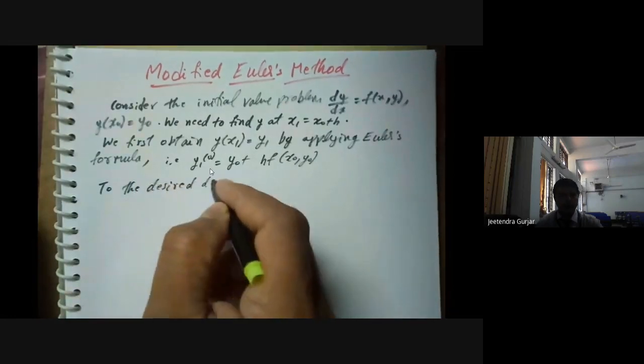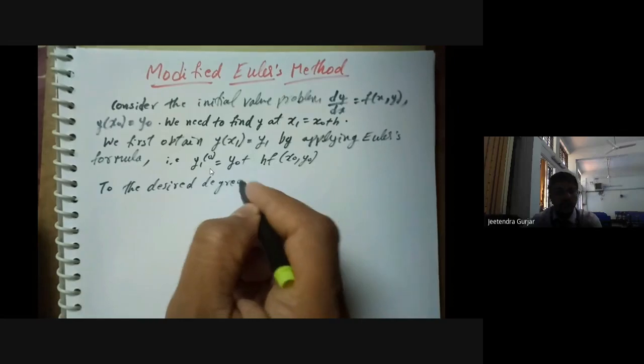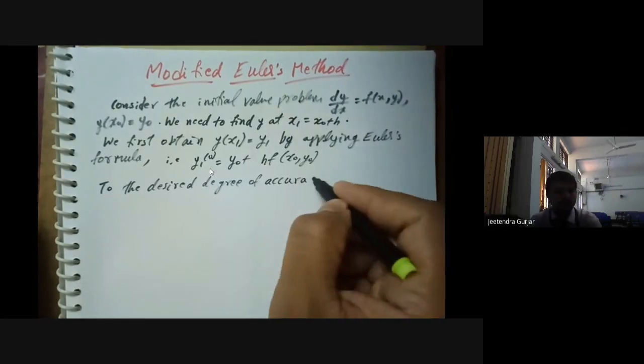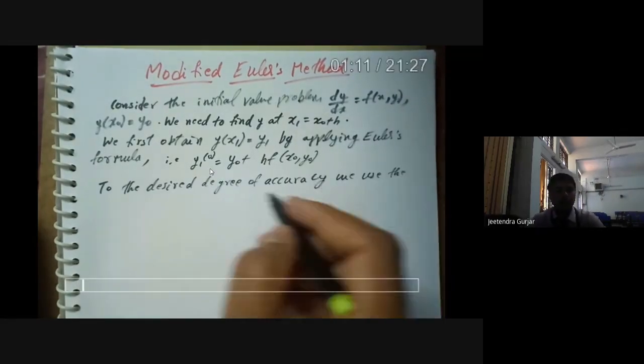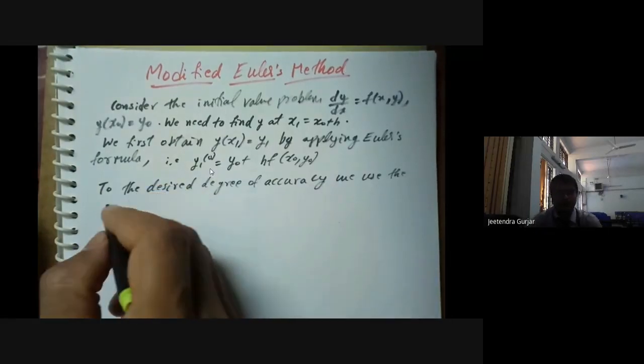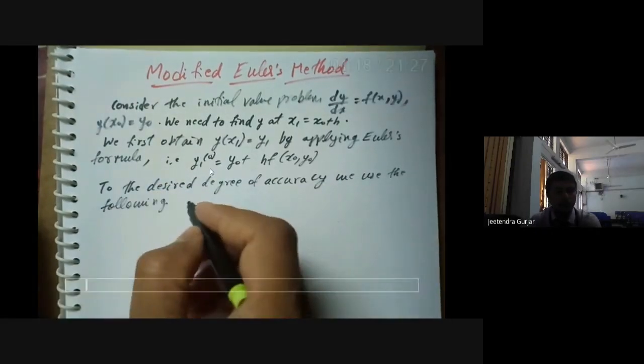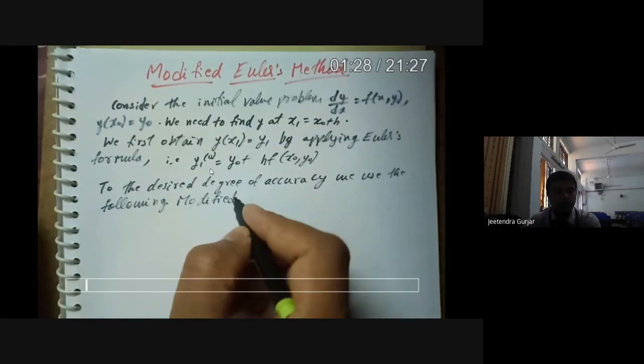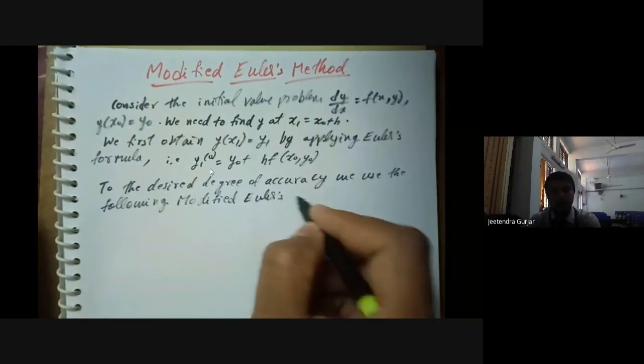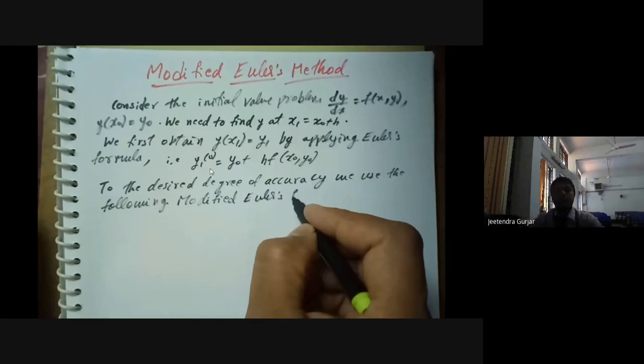So to the desired degree of accuracy, we use the following modified Euler formula, where the successive approximations are denoted by y1 raised to 1, y1 raised to 2, y1 raised to 3, and so on. Already in the previous class I told you that we go for successive approximations.